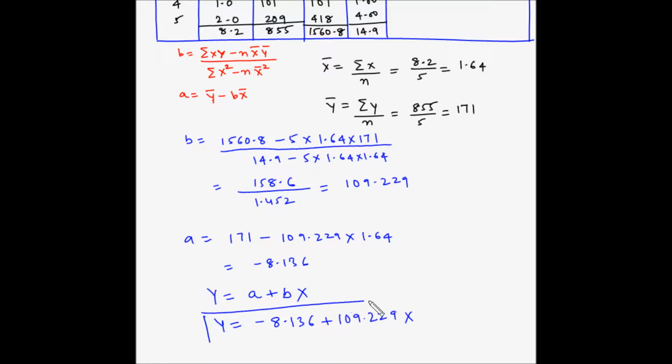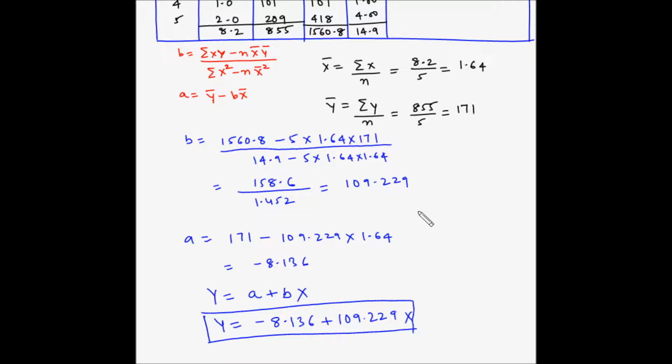So this is the equation for the regression line. So now if we want to find the value of y, which is sales, for a particular value of X, which is the advertising spend, then we just need to put the value of the advertising spend in this equation and we'll get the corresponding sales.